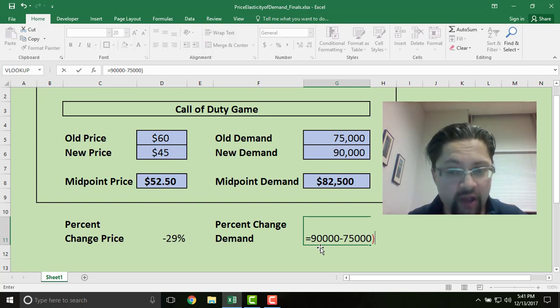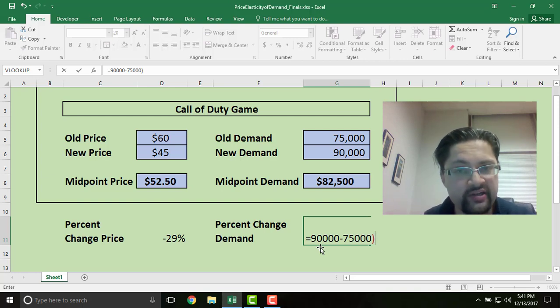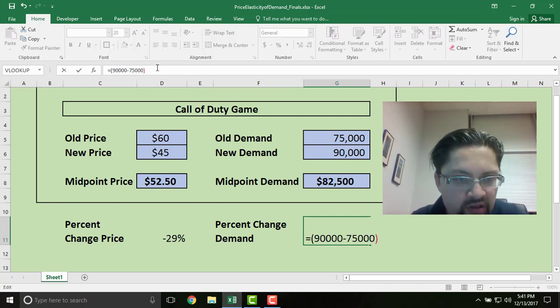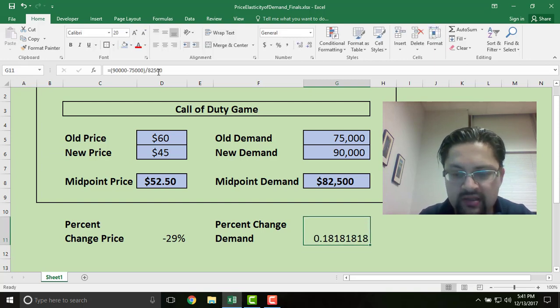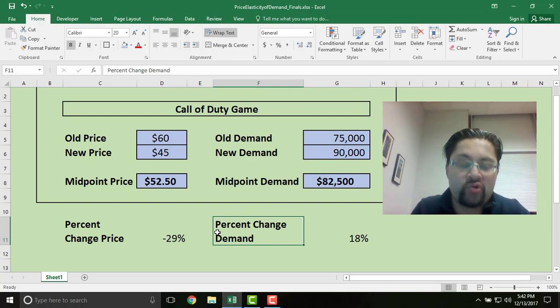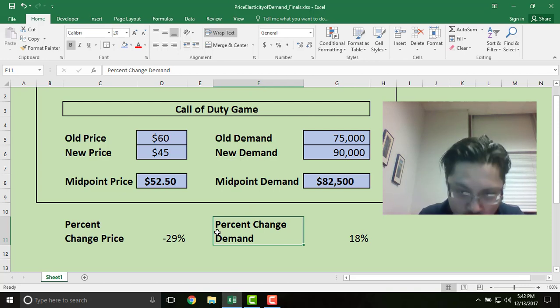My new price is lower, so I should expect my new quantity demanded to be higher, and vice versa. Okay? So we'll do that, and divide that by the 82,500, and we get 18%. Okay? Great, we did step 1, step 2, step 3, and step 4.